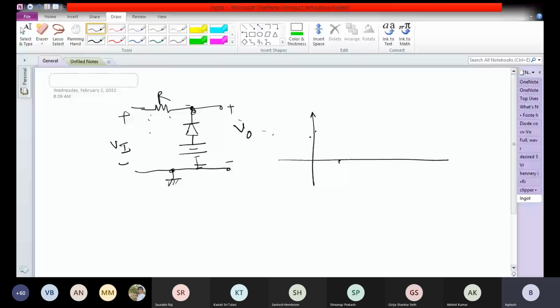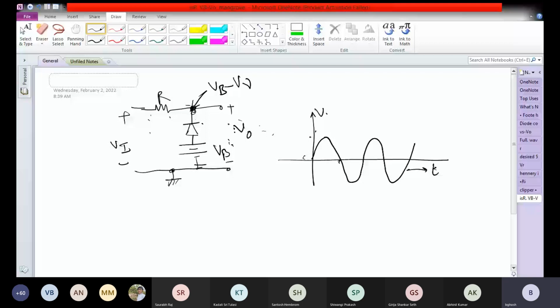Now see, this is the input waveform. Time T. So here, if this is VB, the voltage here is VB minus V gamma.